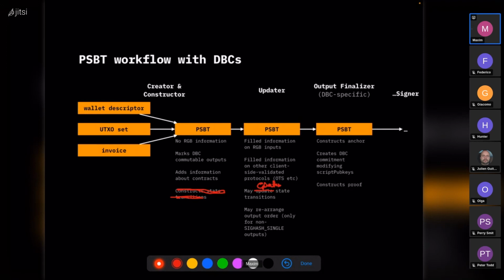And also the PSBT modifications required for pay-to-contract, which I was designing through the last year, are much more complex and risky than the ones that are required for the Taproot commitment scheme. And actually, I wasn't able to finalize that design for at least half of the year.